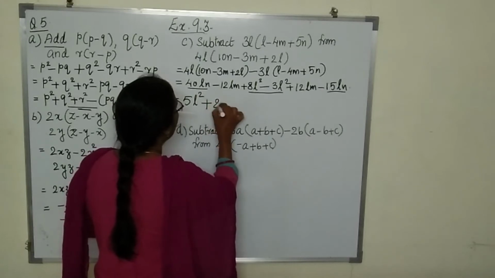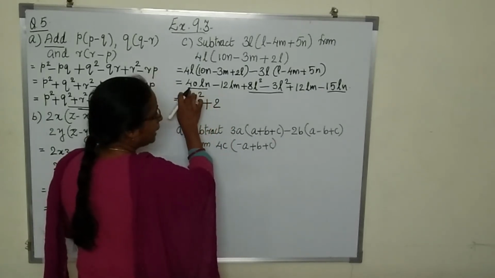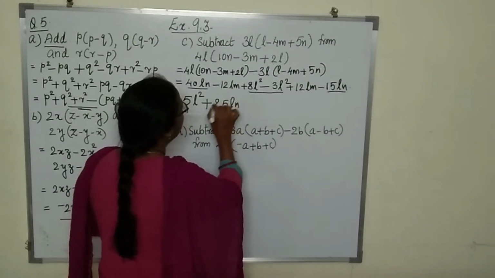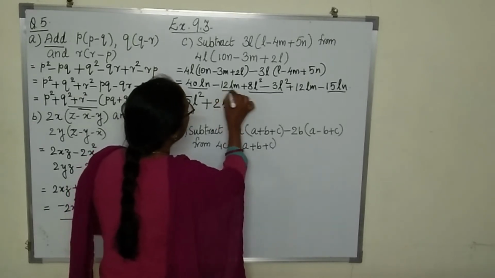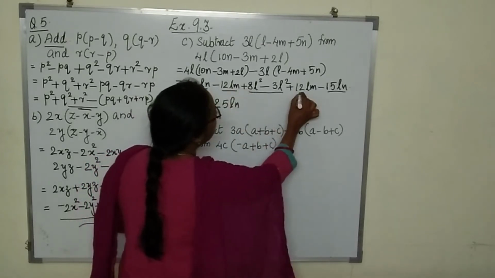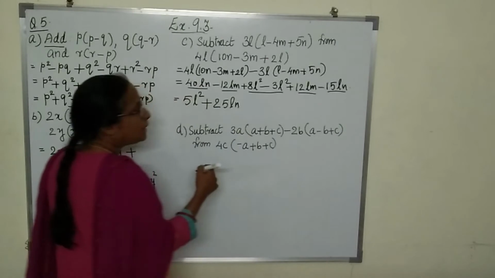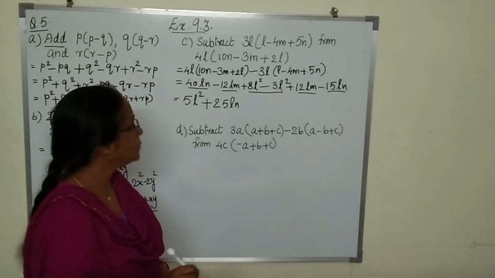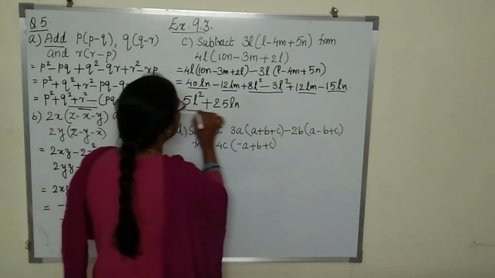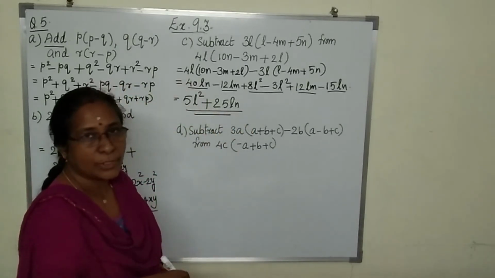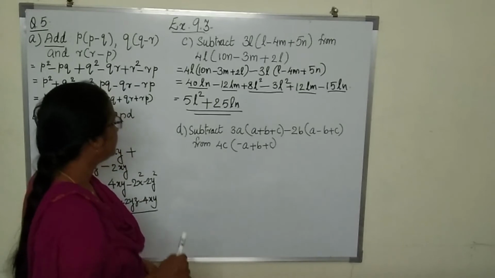So 25 will be plus because the bigger number is plus. So 25ln. Here you have minus 12lm and plus 12lm. When you add, we get 12 minus 12, which is equal to 0. So our answer, or the sum, is 5l square plus 25ln.